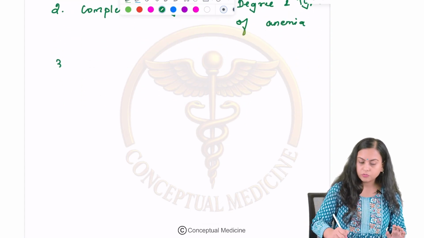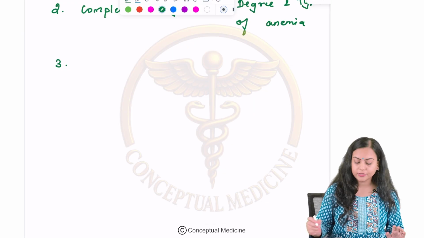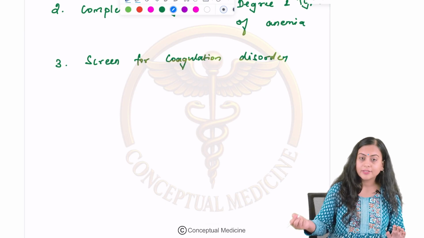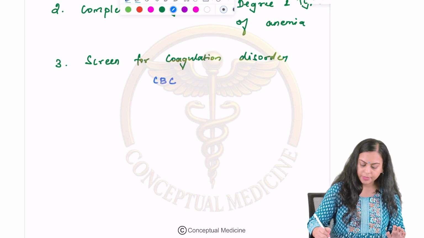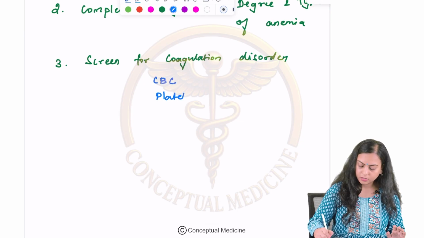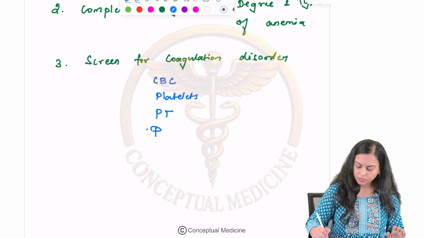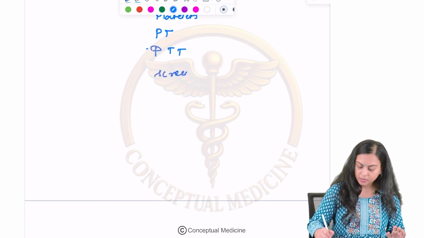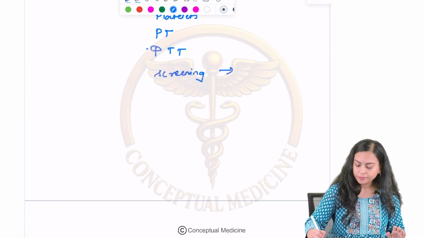You have to do a screening for coagulation disorder. So, screen for coagulation disorder, that should include complete blood count, platelets, prothrombin time, partial thromboplastin time, and screening for von Willebrand disease.